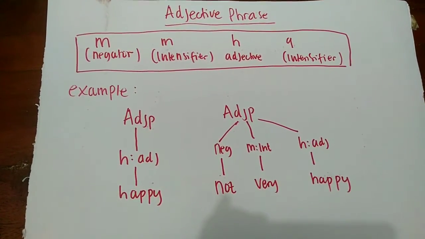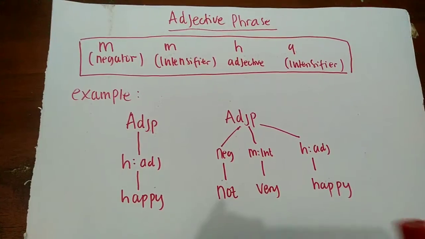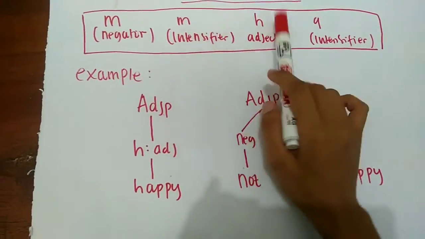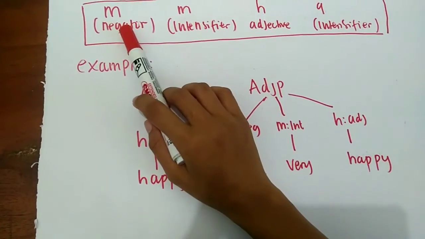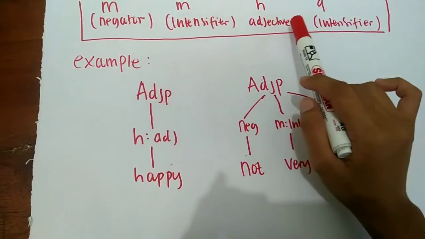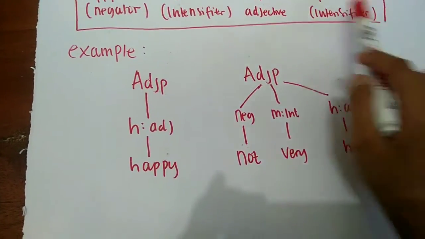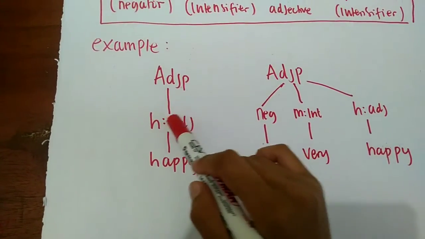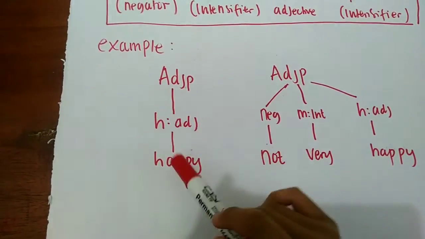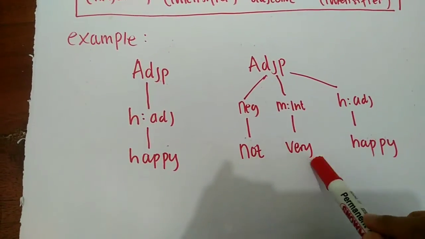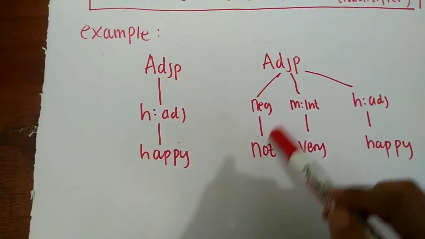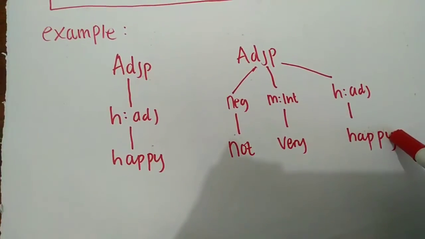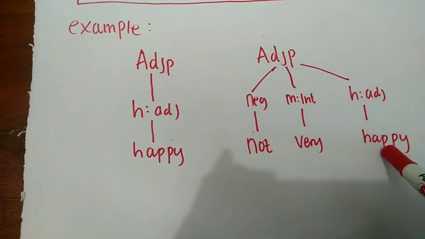And next is the example tree diagram in adjective phrase. This is the structure of an adjective phrase: negator, intensifier, adjective, and intensifier. The example is happy. Happy is a head adjective in the adjective phrase. And then not very happy: not is the negator, very is the intensifier, and happy is the head adjective.